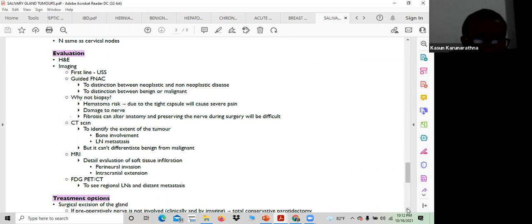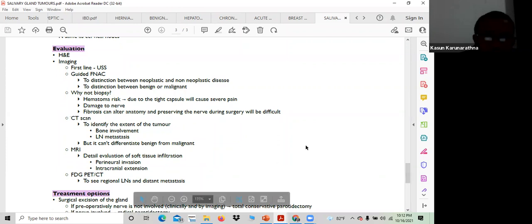Why not biopsy? Hematoma risk, damage to nerve, fibrosis can alter the anatomy, and preserving the nerve during surgery will be difficult, right? That is the reason you avoid the biopsy in parotids. If you do a biopsy, that will lead to healing. You take a tissue part, there will be fibrosis, and during surgery, it will be difficult to identify tissue planes and preserve the nerve, right?